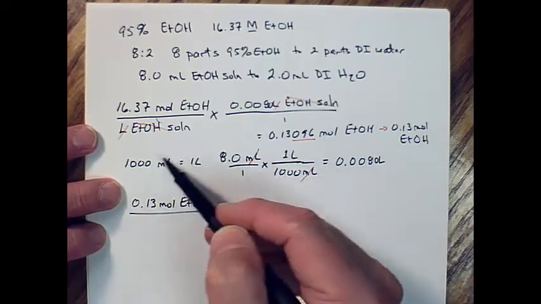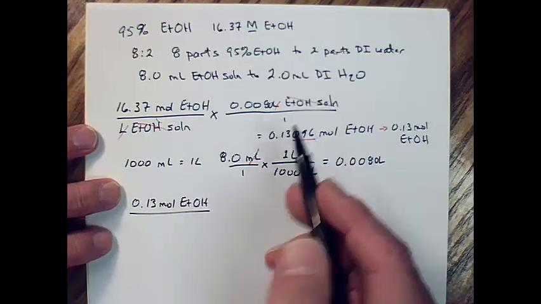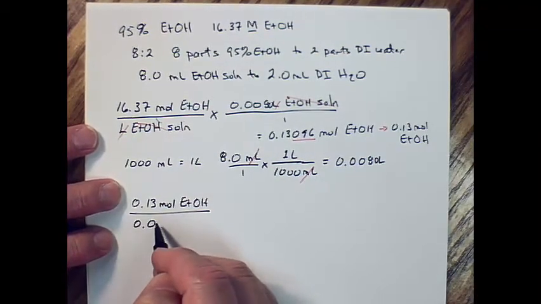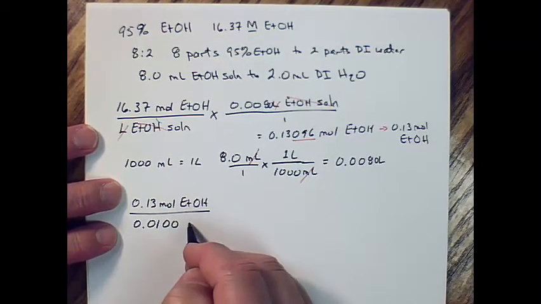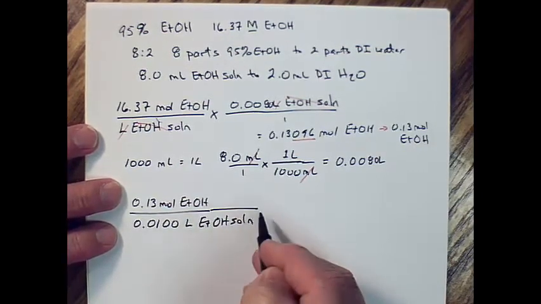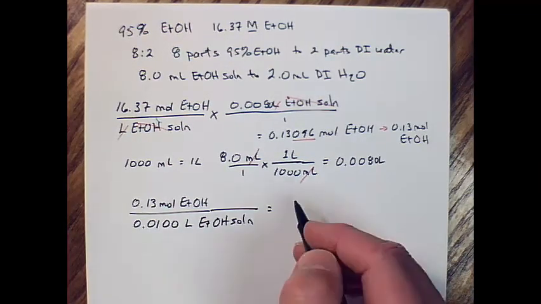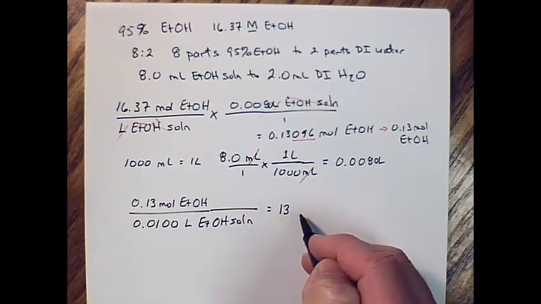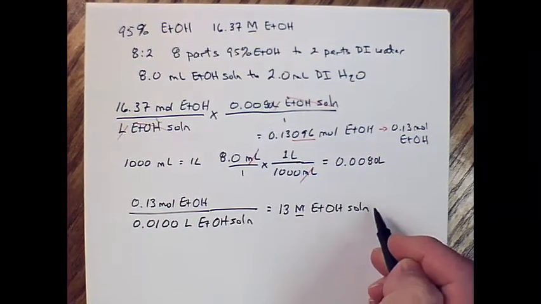Using this same system to convert, we get 10 milliliters, which is 0.0100 liters of this newly diluted ethanol solution, and this is going to give us the molar concentration of the ethanol, which I'm going to call 13 molar ethanol solution. Okay?